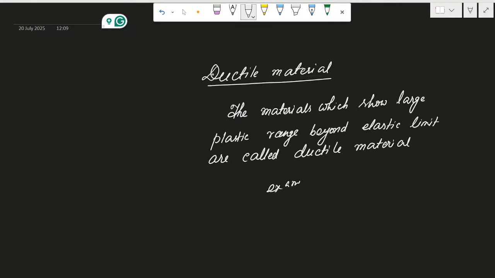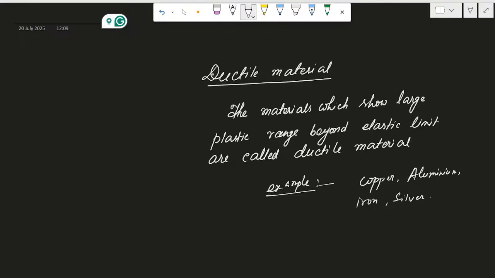Examples, like copper, aluminium, iron, silver.